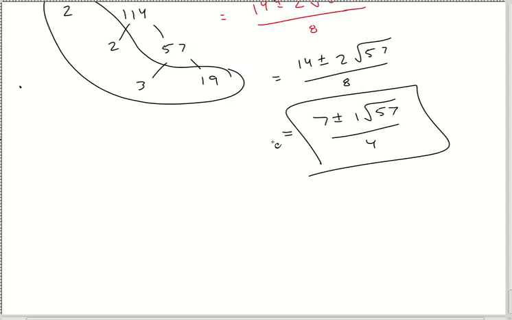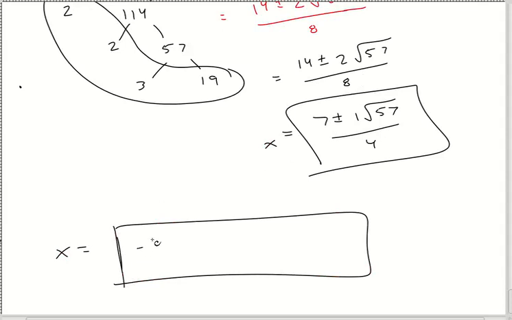There's your other 2 answers. And so my final answer, if you remember way back there, I had negative 1/2 at some point. And then I have this 7 plus the square root of 57 over 4. And then I have the negative square root still divided by the 4 there. And there we go. Awesome.